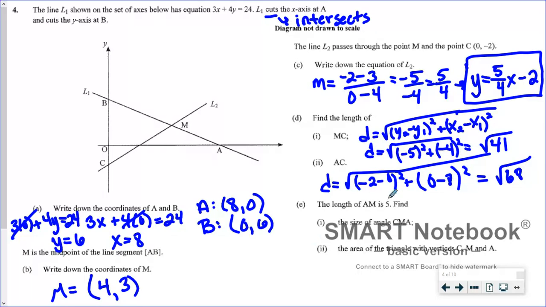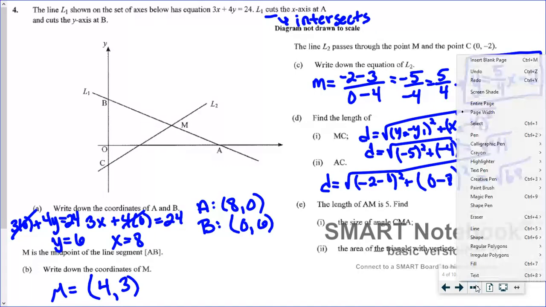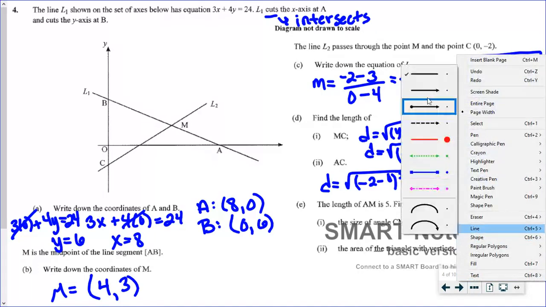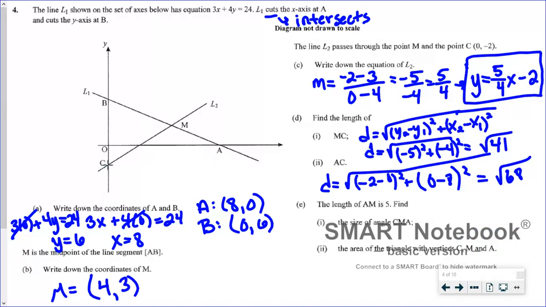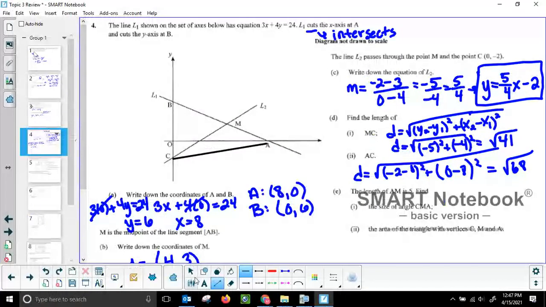All right. E. The length of AM is 5. Find the size of angle CMA. All right. So we have CMA. I'm going to go ahead and just complete this triangle here to make it easier visually. And that's obviously off. Let's see if I can doctor it up a little bit.